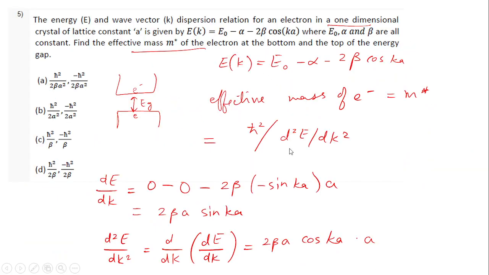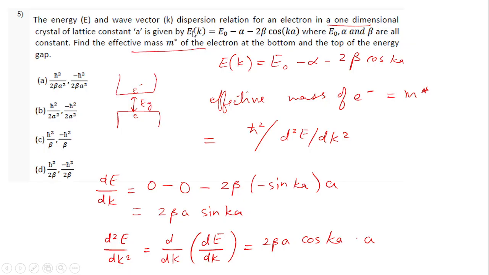The same concept we'll use here: when the electron is at the bottom energy level, the value of energy will be less, and the energy will be less when cos Ka is maximum, right? Because it's getting subtracted here. Please pay attention. If cos is maximum, E will be minimum.